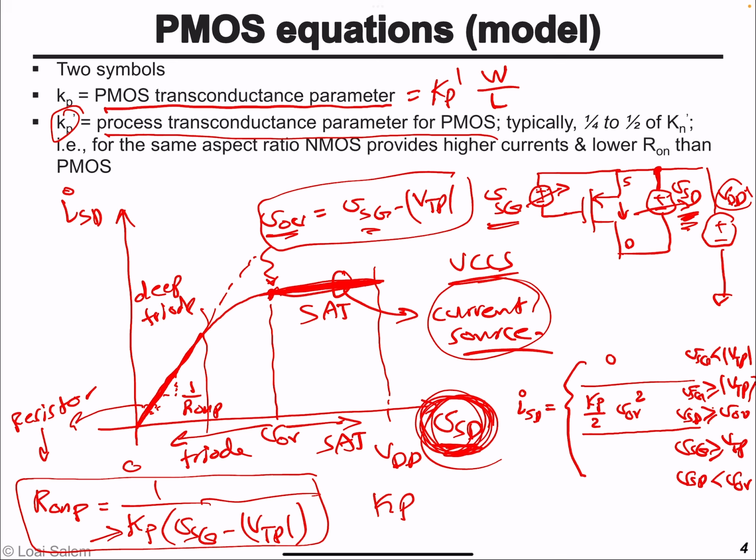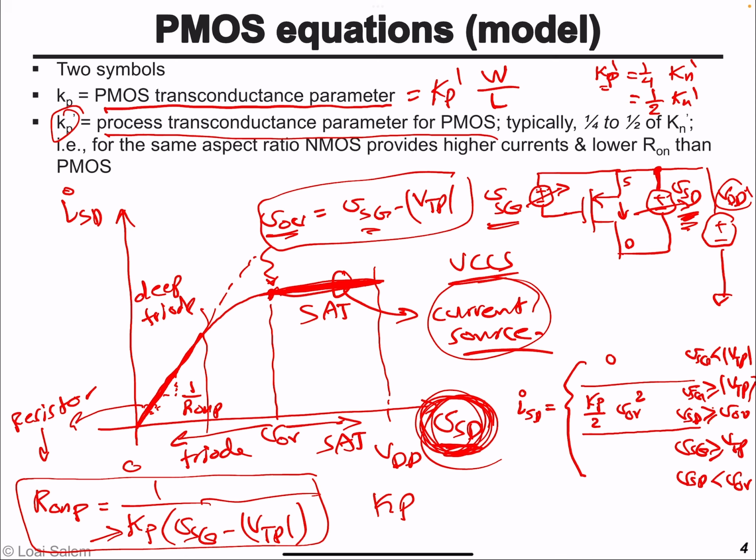And now if we compare Kp bar, the process transconductance parameter for a PMOS, to that of an NMOS, we'll see that Kp is usually between 4 times smaller and 2 times smaller.